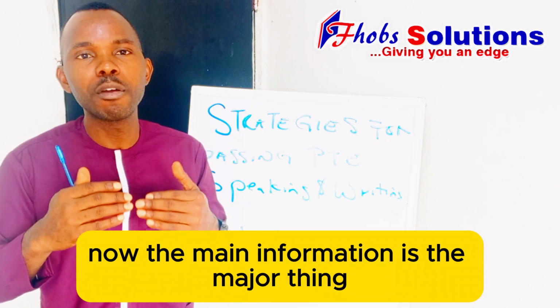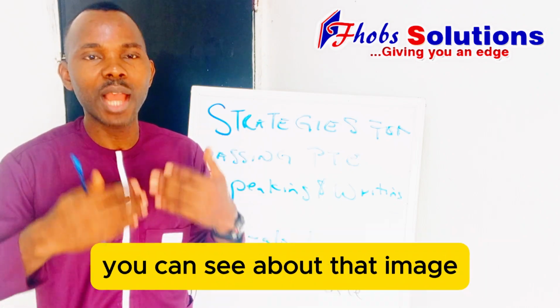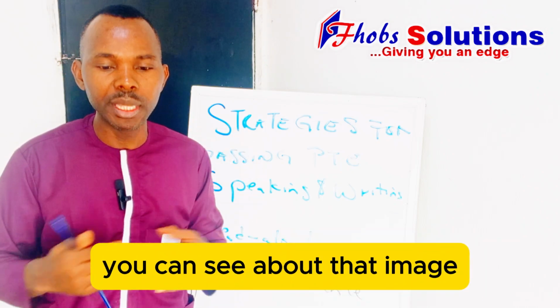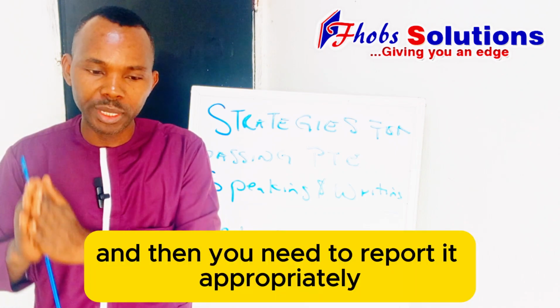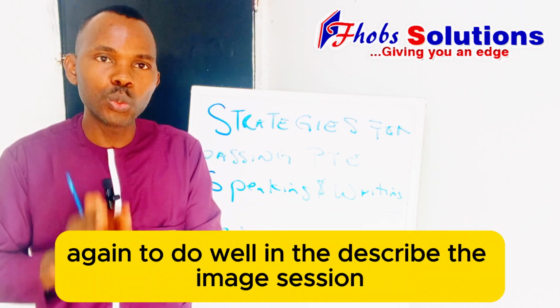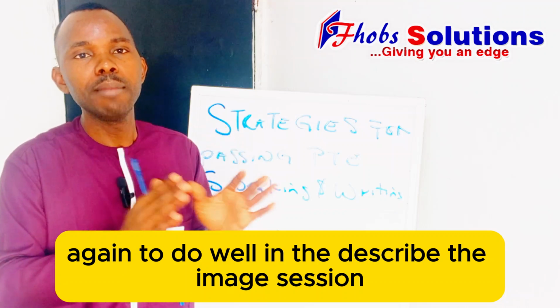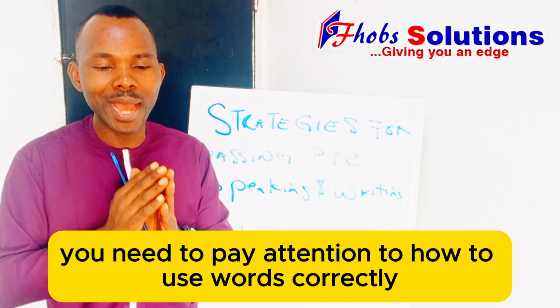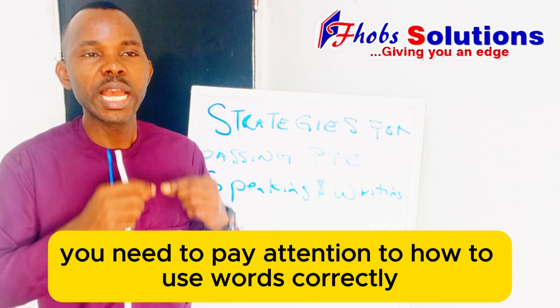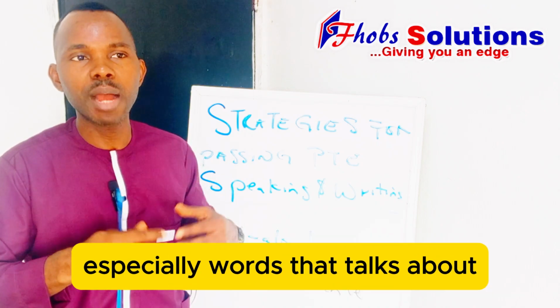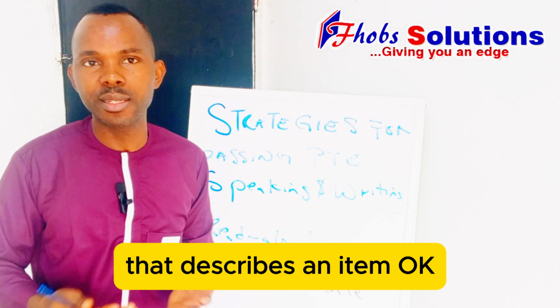Now, the main information is the major thing you can see about that image, and then you need to report it appropriately. Again, to do well in the describe the image section, you need to pay attention to how to use words correctly, especially words that describe an item.